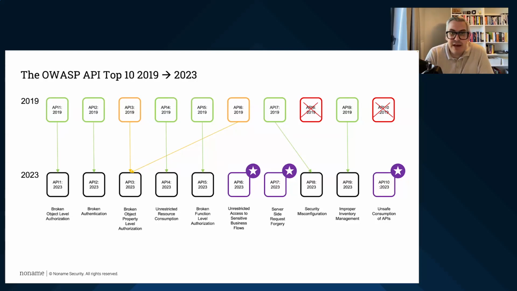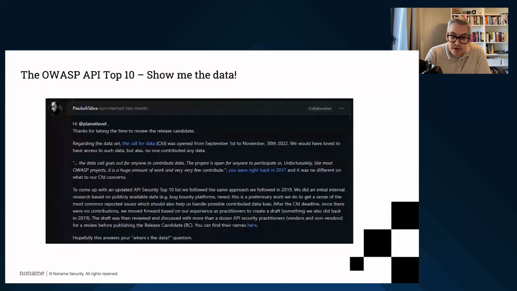Now, one caveat that I did want to mention when it comes to the OWASP API Top 10 is that there's a group of people that created this list. Some of them work for API security vendors.